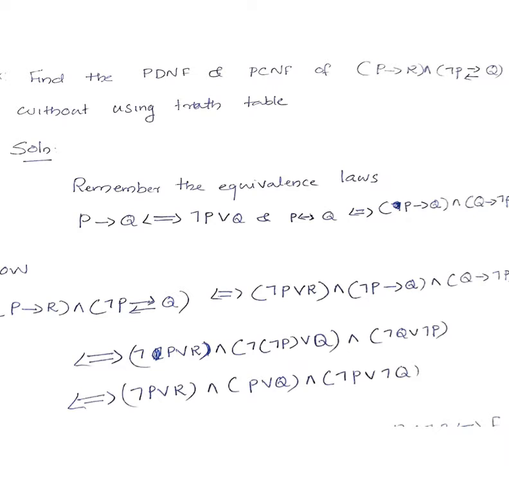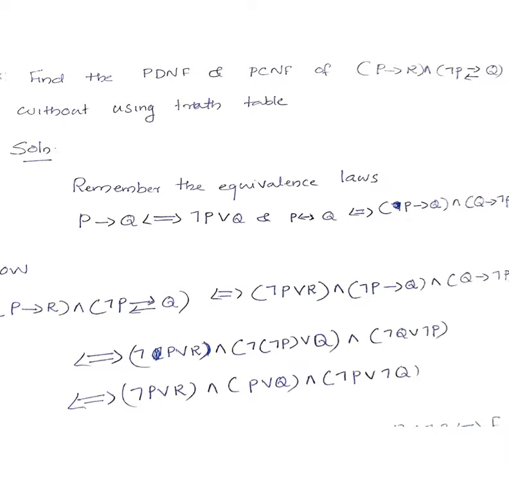Because in PCNF, in the middle there will be conjunction, and the conjunction of max terms is the PCNF and the disjunction of min terms is the PDNF. We already know that.